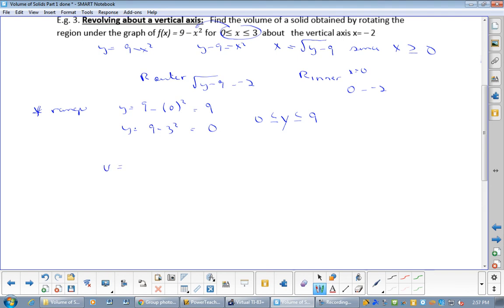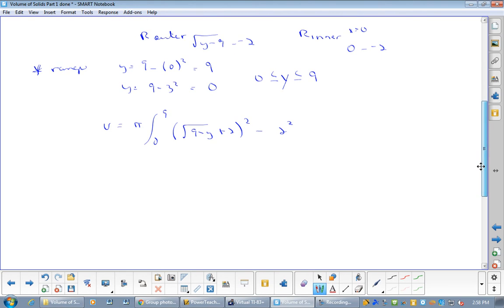So volume is pi integral from 0 to 9. Our outer, we've already figured out, is square root of 9 minus y plus 2 squared minus 2 squared. Okay, when you FOIL that out, oops, I should be putting dx here.